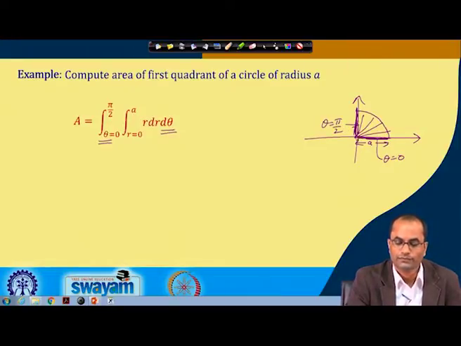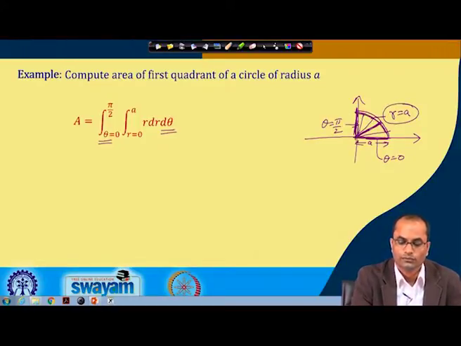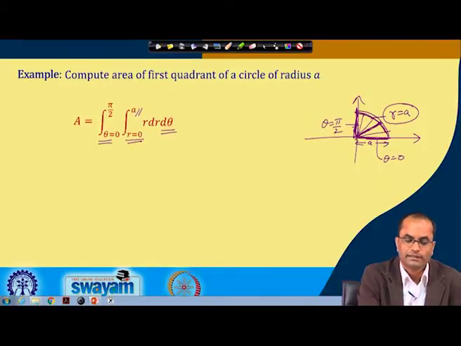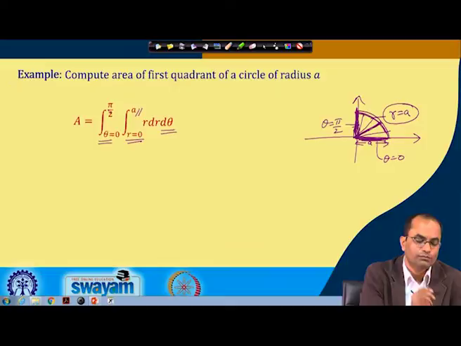And r is varying from 0, it starts from 0 up to this circle here, which is r is equal to a. So, the limits of r will be from 0 to a, and theta varies from 0 to pi by 2. So, we need to just evaluate this integral.